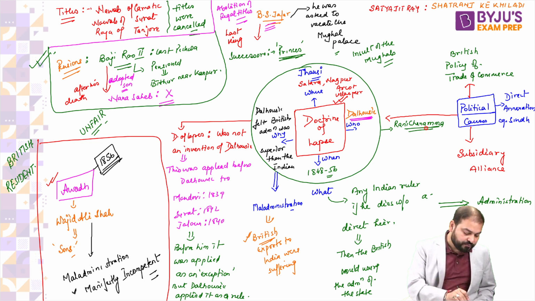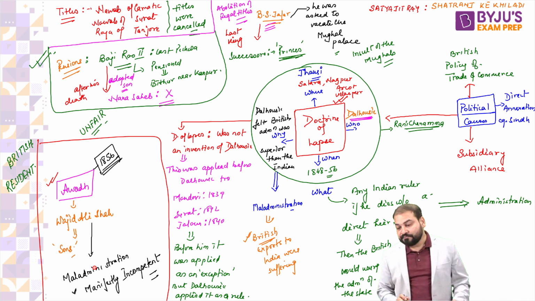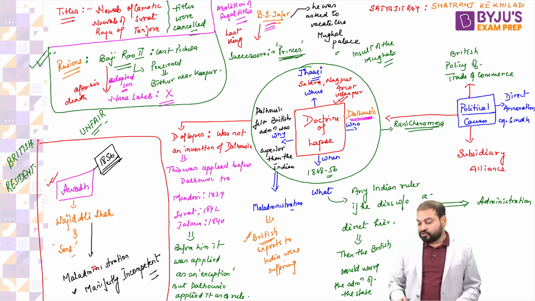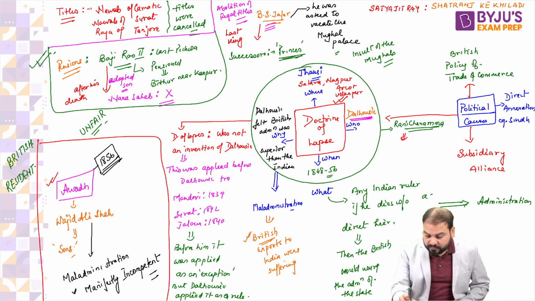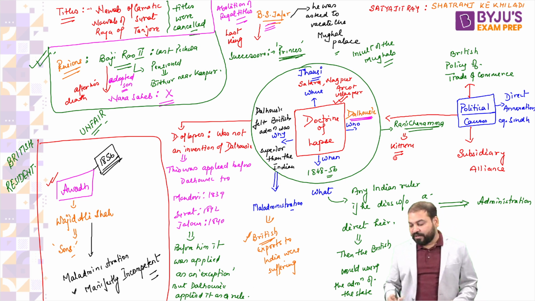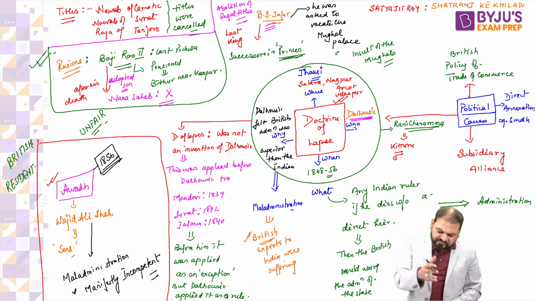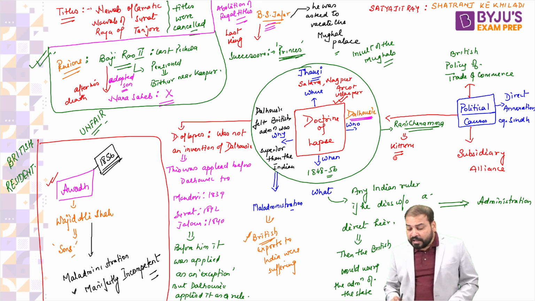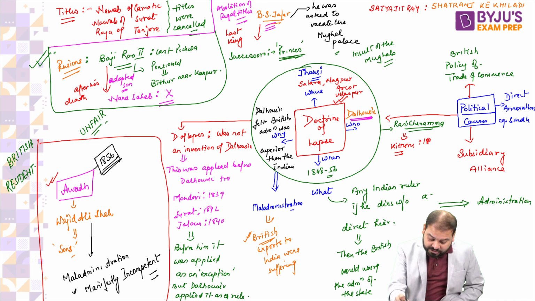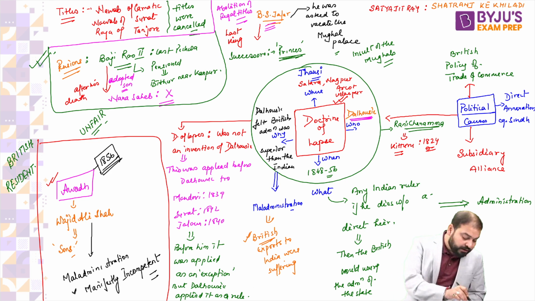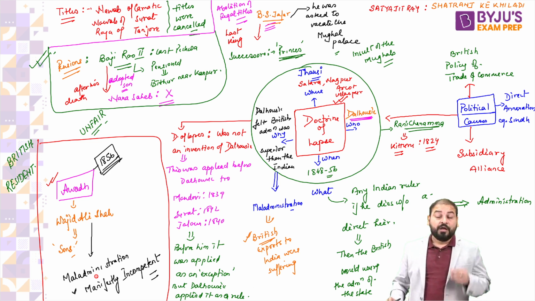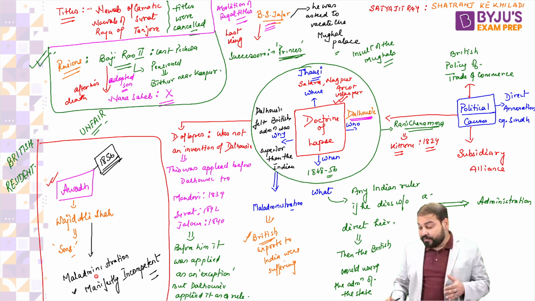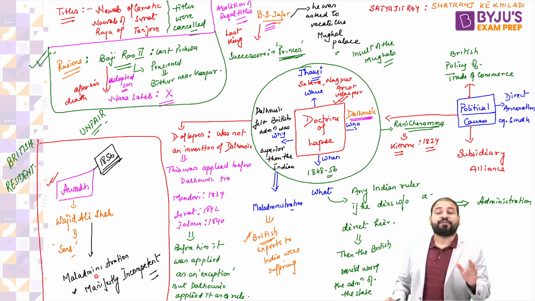She is the ruler of Kitturu. It's a small place in present-day Karnataka. And guys, in 1824 she led the Kitturu rebellion. Why? Because on her, doctrine of lapse was applied.